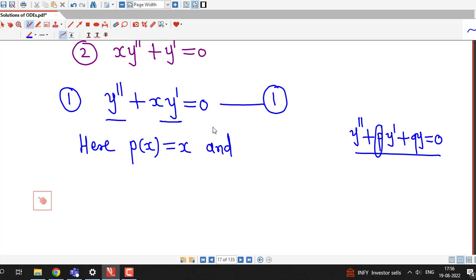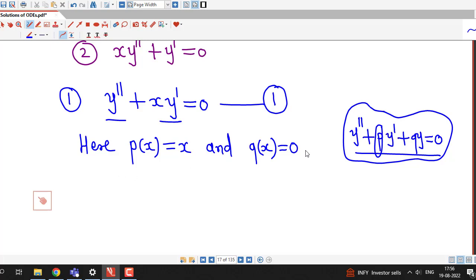There is no term containing y here, so the coefficient of y is 0. First we have to check whether our equation is in this form or not. If it is, then we compare and decide these coefficient functions p(x) and q(x).